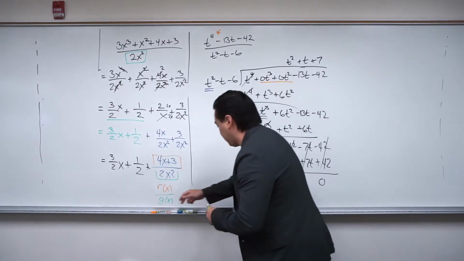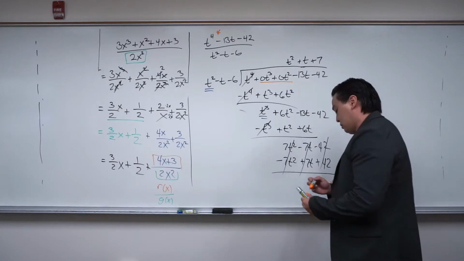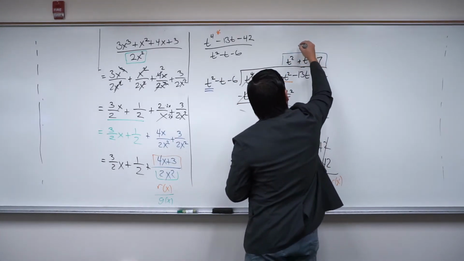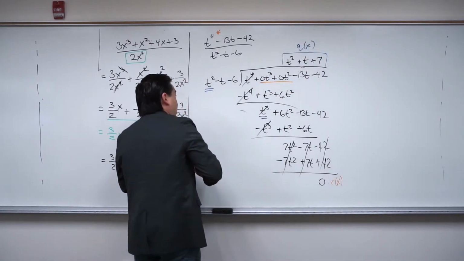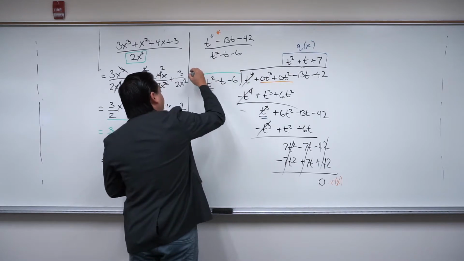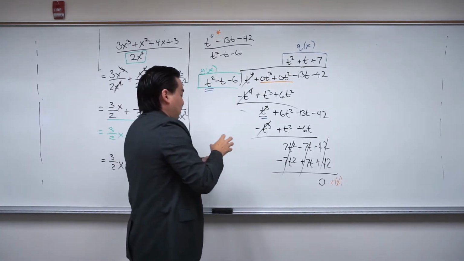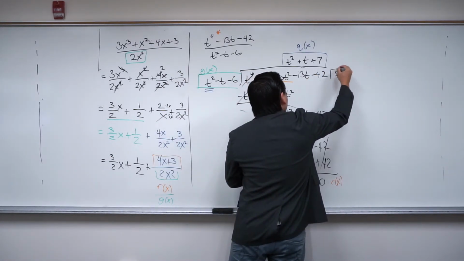The bottom part over here is the remainder. This top part over here is the quotient. This part over here is g. And the part inside here is f of x.